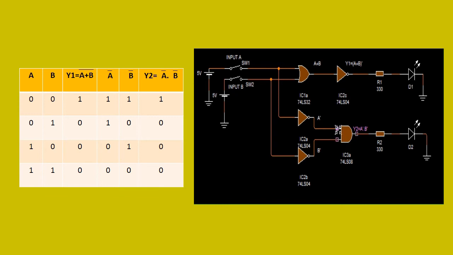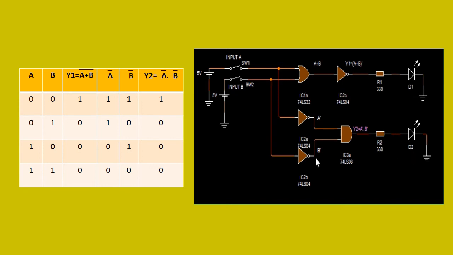From the output terminal of the AND gate we get A bar dot B bar, which is equal to Y2, the function of RHS. By using the D2 LED we get the Y2 output.